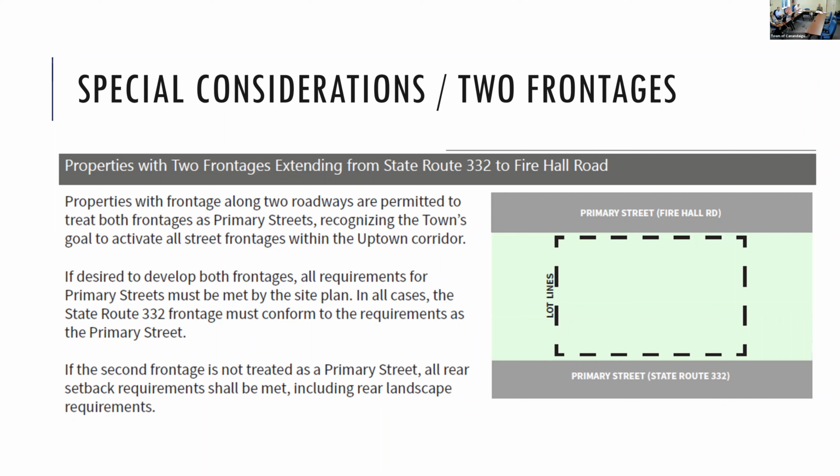So essentially in this sub area, we are saying that because we want to foster a strong streetscape along both of those roadways, in this particular instance, if there are properties that have frontages on both roads, they can comply and treat both of those frontages as fronts instead of having 332 as a front and Fire Hall Road as a back. So they are permitted to do that. If they choose not to, 332 is the primary street that they would have to treat as a road frontage.